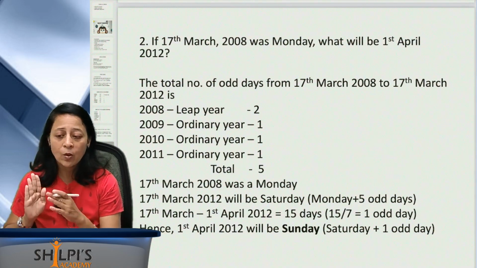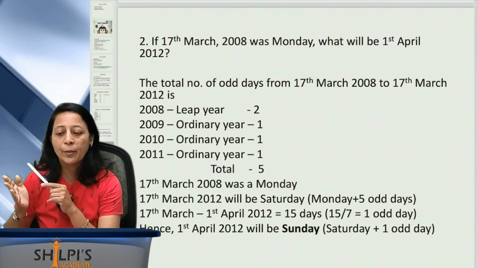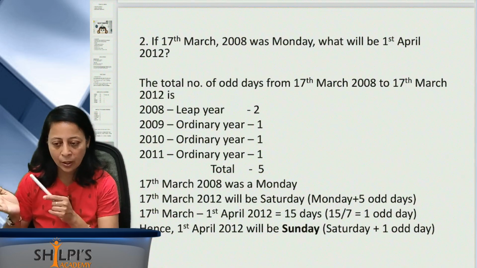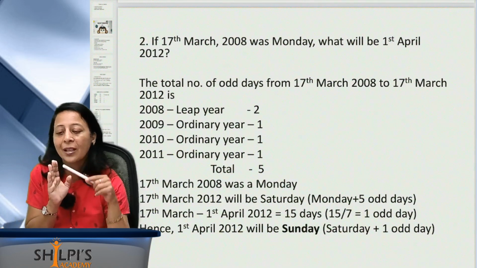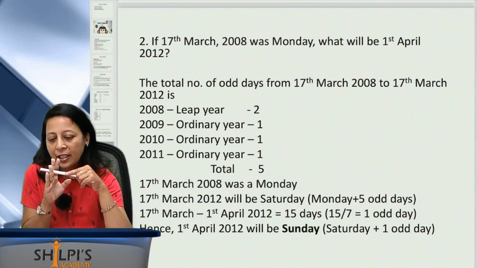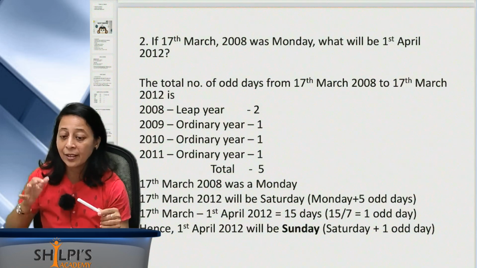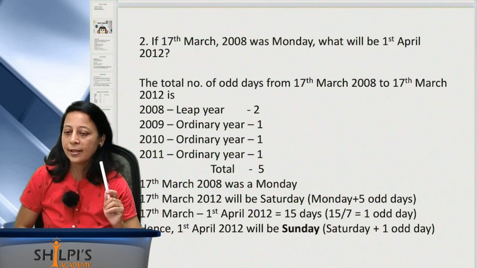If you are counting from 17th March, leave off 1st April. If you are counting from 18th of March, add 1st of April. You are not supposed to count both those days, it should be a completed number of days. So don't consider both together. If you do, it will go wrong.